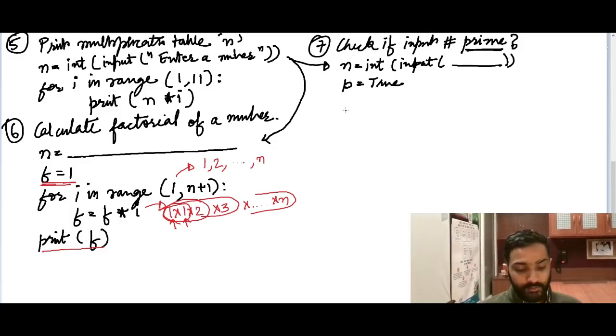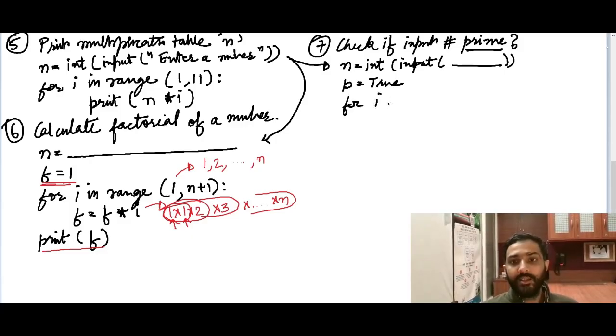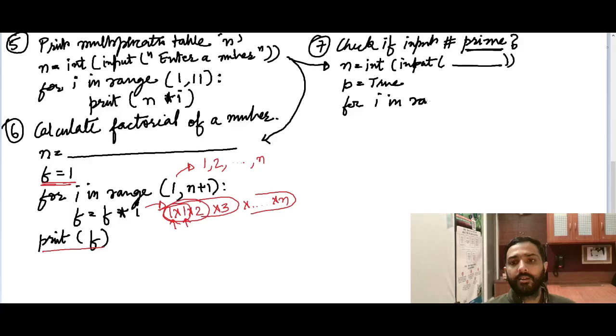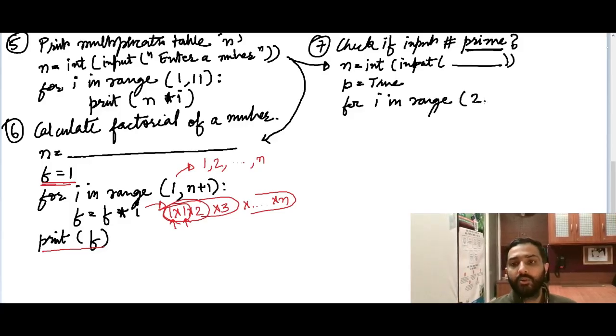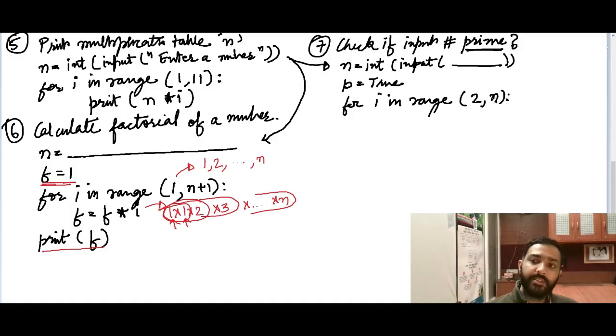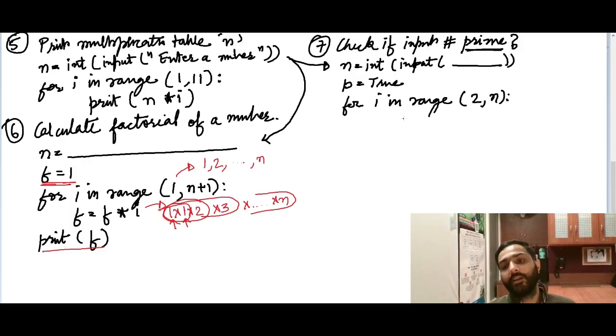After that, I will start the loop: for i in range. I should check from 2 till n minus 1. So I will check if n is divisible by i or not.